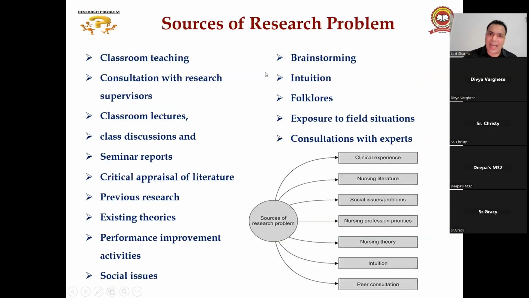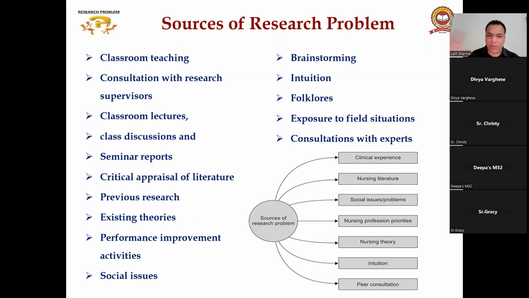Now we talk about the sources of research problem. From where will we get the research problem? Sometimes a question comes to your mind. You are dealing with students and the teaching-learning process, so these are the sources. In classroom teaching there is a lot of problem. Even the education system is a problem.